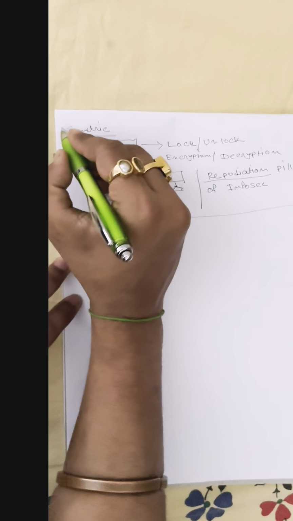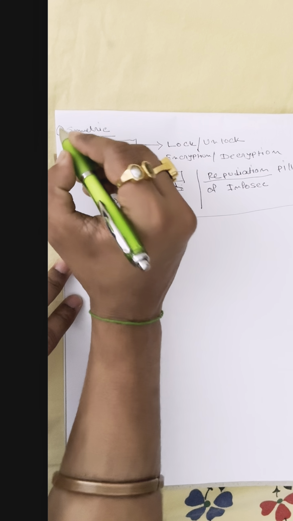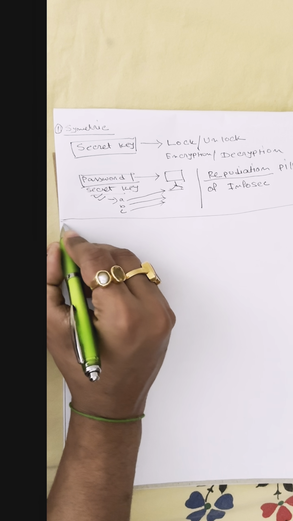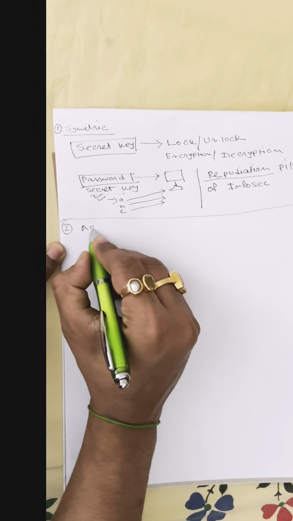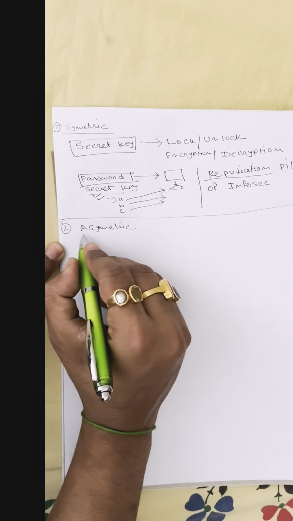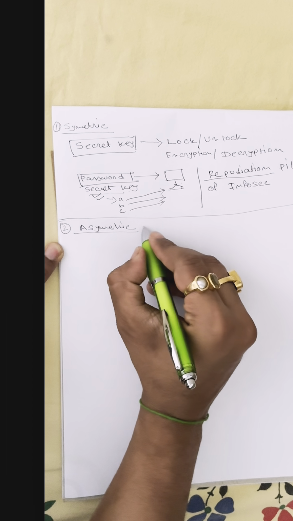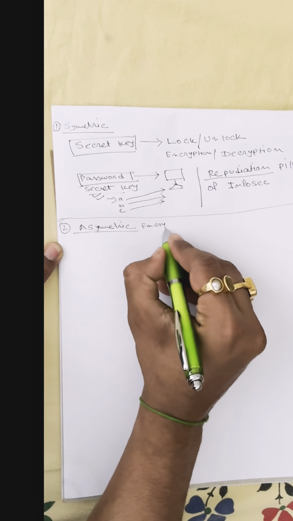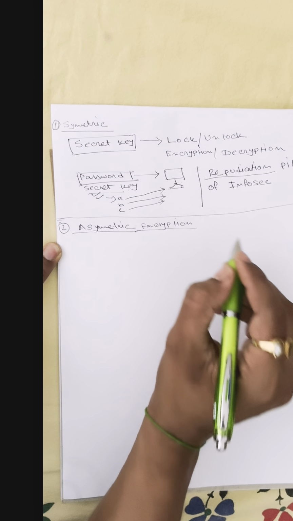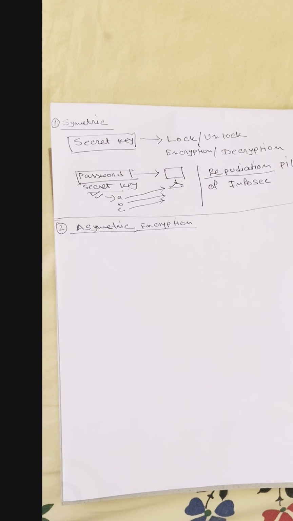So symmetric is one type of encryption in cryptography. Another we have is asymmetric. My handwriting is bad, please bear with me. Asymmetric encryption we need to understand. It is a little bit tricky, but very good for understanding.